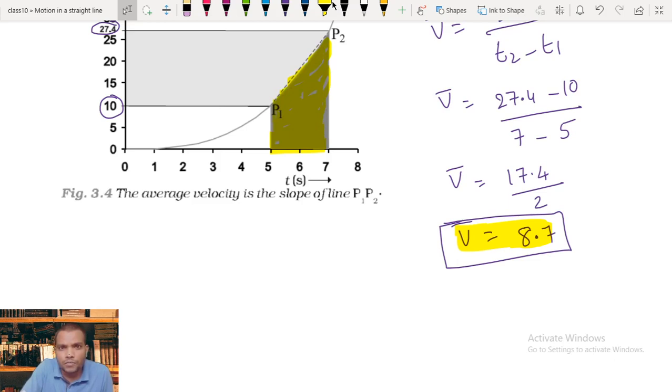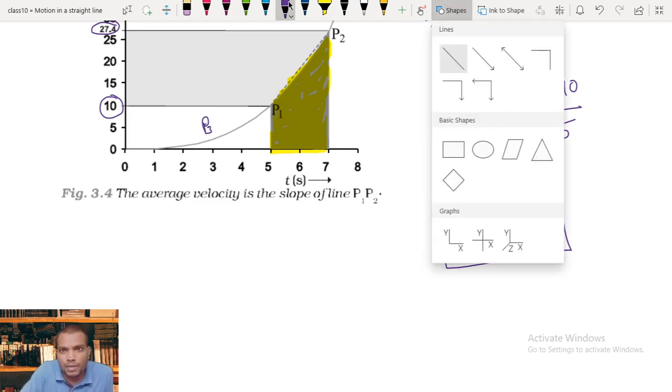Suppose I change the time interval. Now I'd like to take one more point. Let me take this point at 3 as P3.